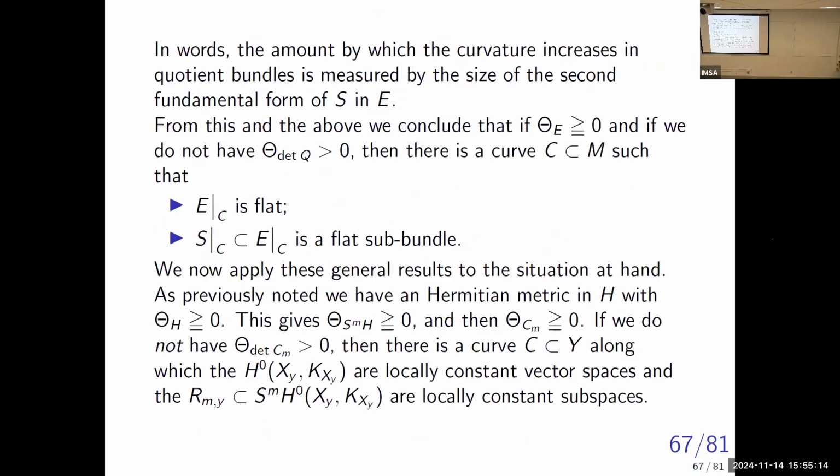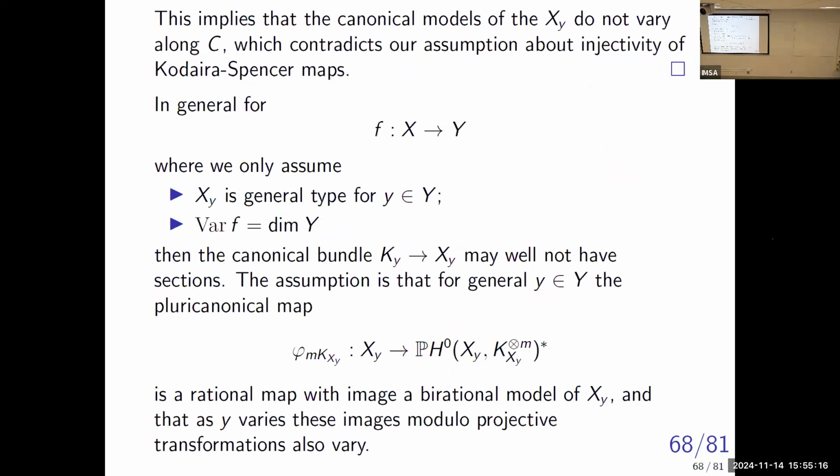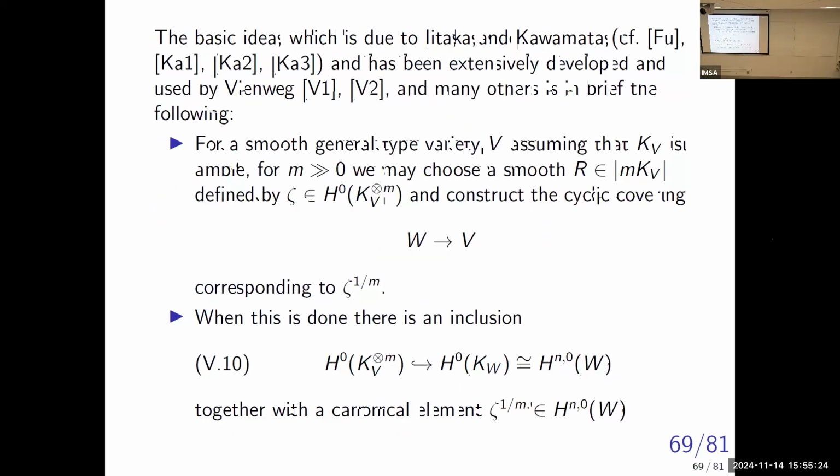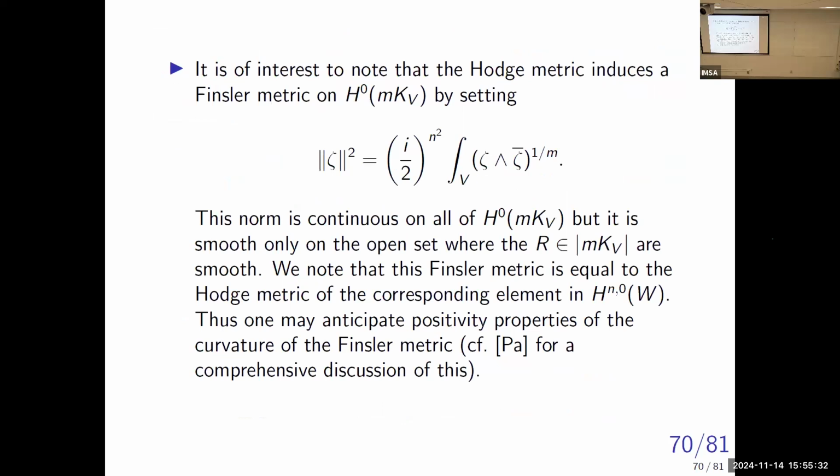And these are what I just talked about. So the main point though is that you don't have sections of the canonical along the fiber, only powers of it. So how are we going to get positivity out of that? And here you look at what's called a Finsler metric.